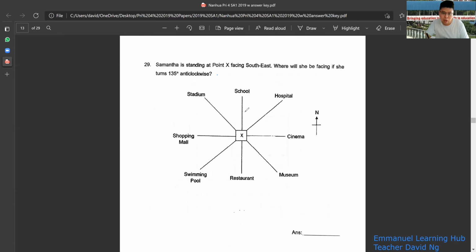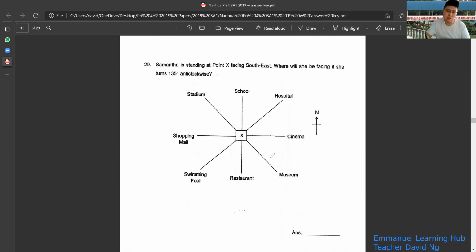Northwest is what? You tell me where she should be facing. Where is she facing now? Southeast is where? Southeast is cinema.